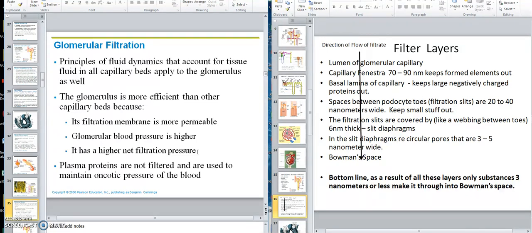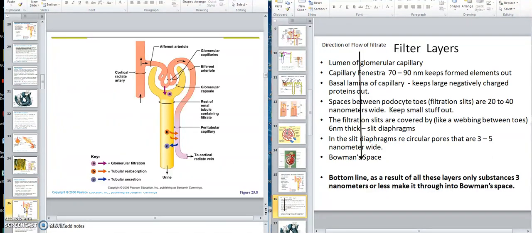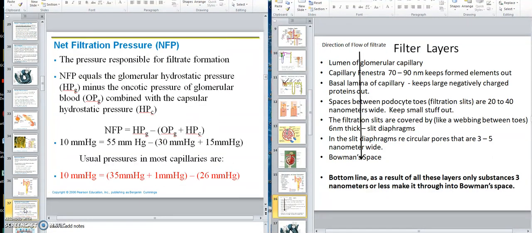Okay. So that's kind of what we're looking at. All right. So then when we look at that net filtration pressure, here's the formula. I don't think I have to go through it. All you have to do is go back and look at the blood vessel chapter. No use of being redundant.